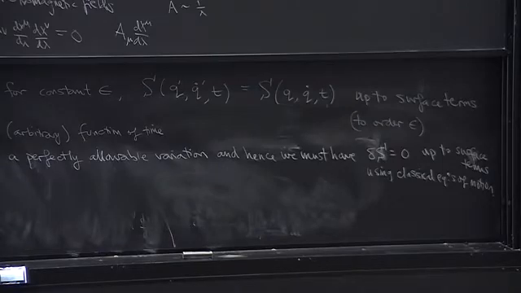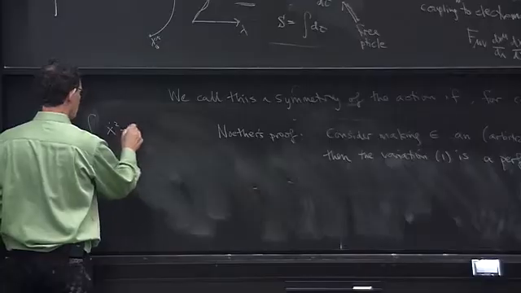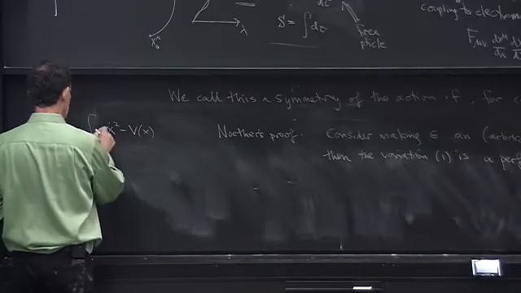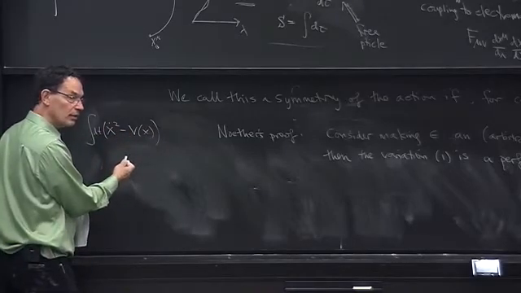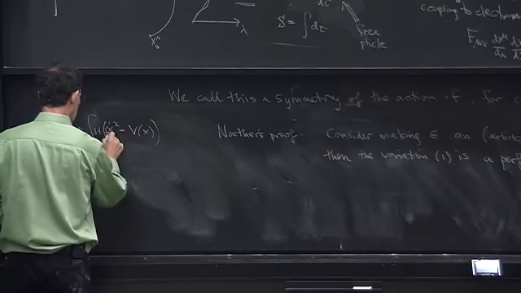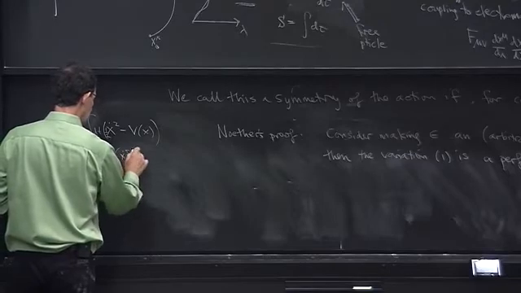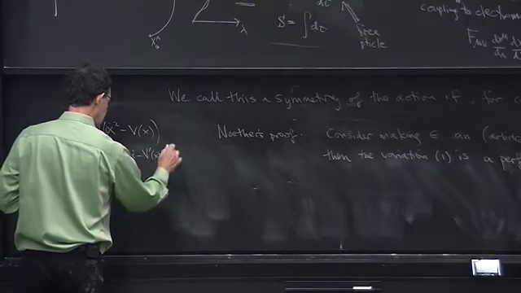What do you mean by surface terms? Just the kind of things we did here. We always integrate by parts with actions, right? So when you have an action, you have something like x dot squared minus v of x dt. If you want to vary this and get Newton's equations, you write the variation, I'll put a half there, integral dt, x dot delta x dot minus v prime of x delta x.